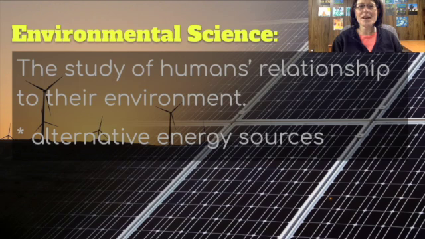Through environmental science, we have discovered many alternative energy sources, such as solar power and using turbines to capture wind power. And environmental science is all about how we can have less effect on the earth, really take care of God's earth in a responsible manner.